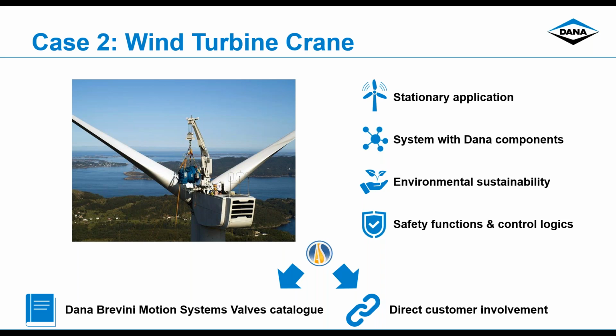One of the most important features of this application is that it represents an integration of Dana components, not only fluid power components, but also others like electric motors, winches, and gearboxes that are already produced and developed by Dana.